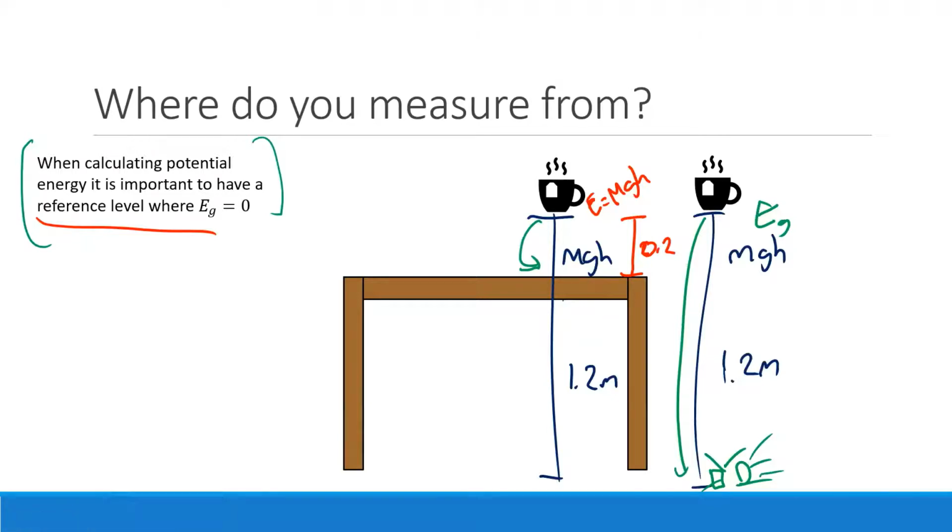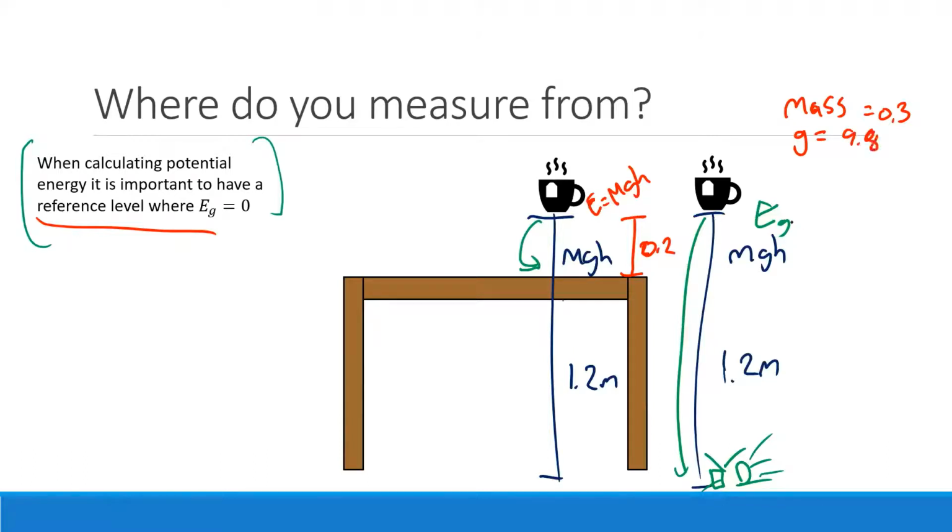Let's do some basic calculations here just to really cement this idea. Let's say the mass of the mug is 300 grams, and gravity equals 9.8.